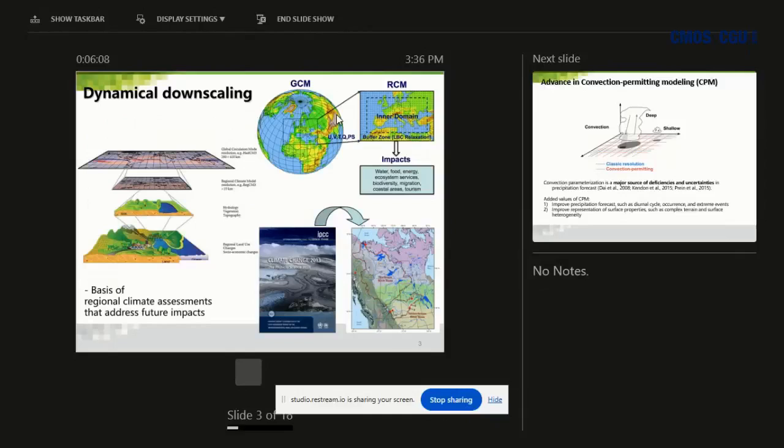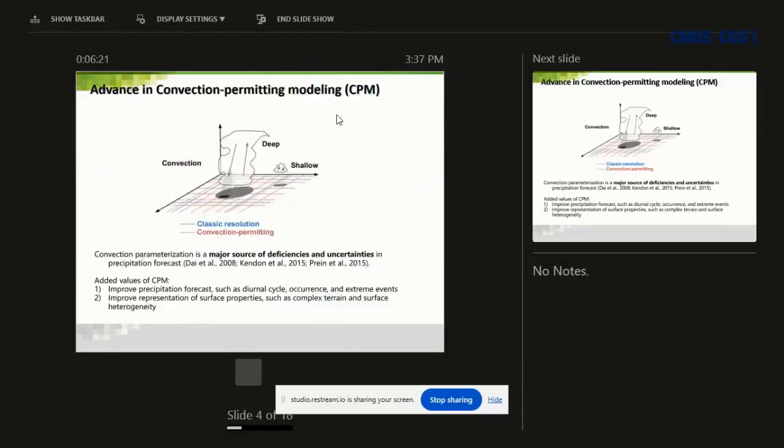By doing that, we are able to see local details, the mountains, lakes, and rivers, whatever. And this is then used as the regional climate assessment for the future impacts.